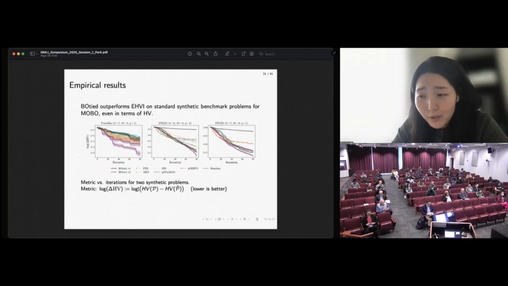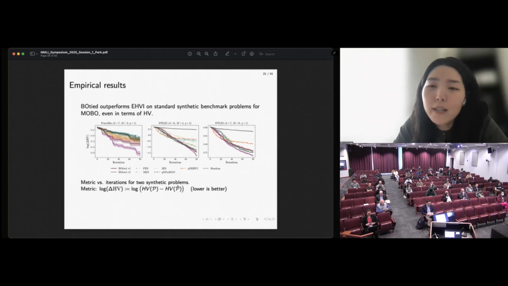The 2 shades of magenta are the 2 different versions of BOtied that differ in the way the CDF was fit. And ParEGO in green is an acquisition function that takes the weighted sum of M objectives with random preference weights, so it's effectively single objective. Orange is the EHVI acquisition we went over, and the dotted black is the random Sobol baseline.